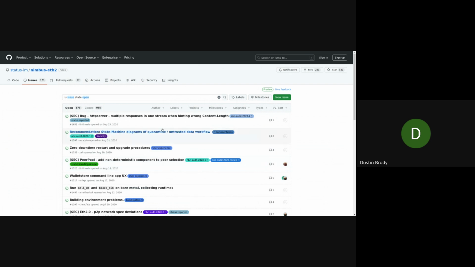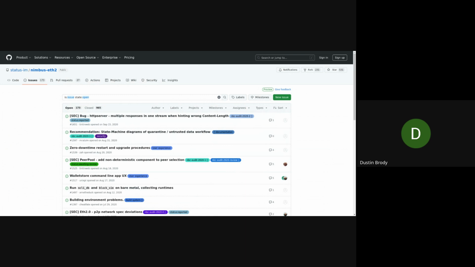Most of them are closed, but you can look by tags and see what's there. Keep in mind that these are again 2020, so the exact issues are very different, but there were a number of these things.